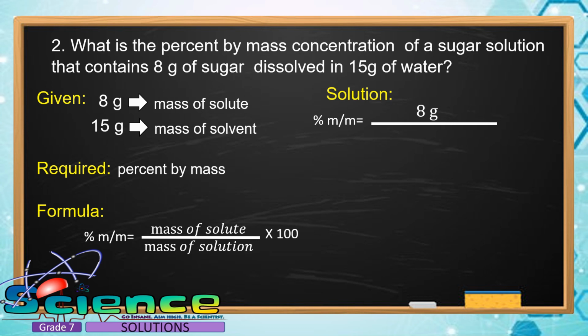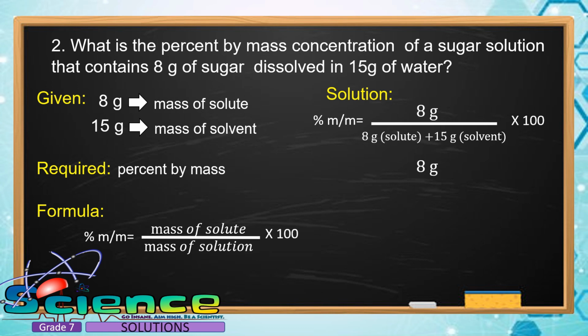Notice that the problem does not give the mass of solution. Instead, it gives the mass of solute and the mass of solvent. To get the mass of solution, we are going to add the mass of solute and the mass of solvent. Multiply by 100.